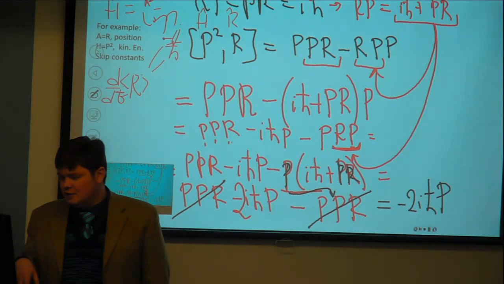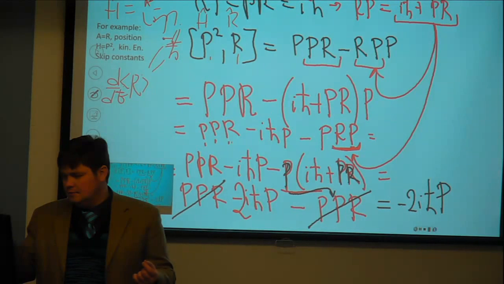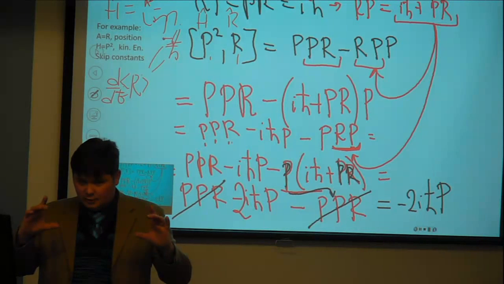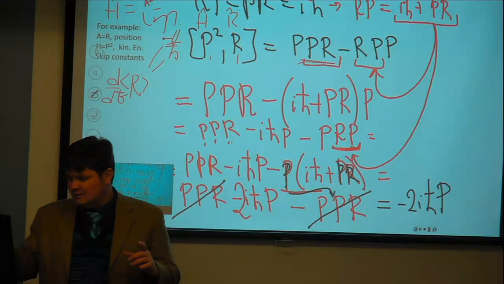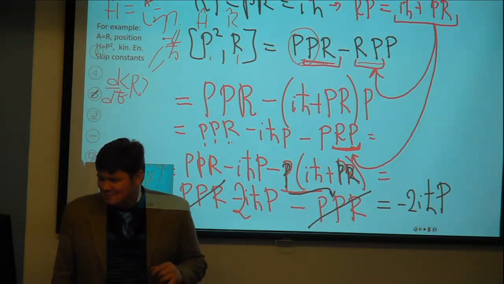Then we need to check the operators of p, second power, and r, first power. We just need to open this bracket. So this rectangular bracket is this stuff minus this. So this was p squared, p, p, r, minus r, p, p. I do not have a speech defect. I'm just opening the expression.